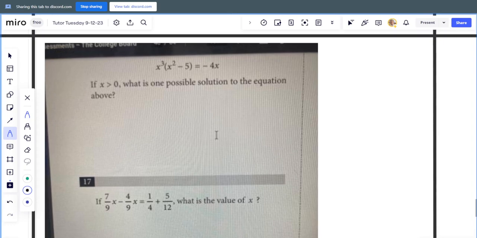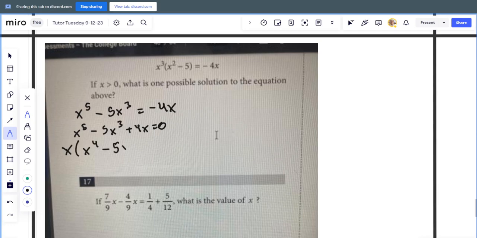Let's see. I'm going to expand this out here. We get x⁵ − 5x³ is equal to −4x. Move everything onto one side to get x⁵ − 5x³ + 4x = 0. Of course, if I factor out an x, then I get x⁴ − 5x² + 4 = 0.